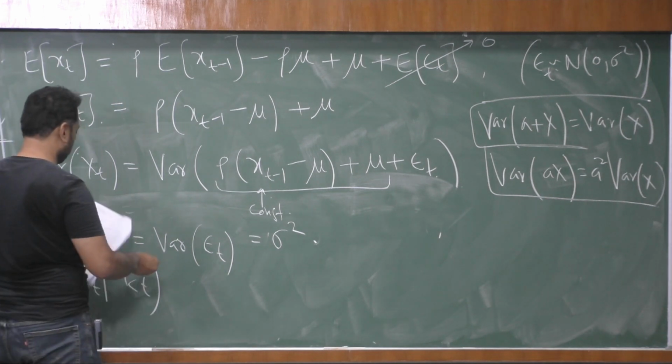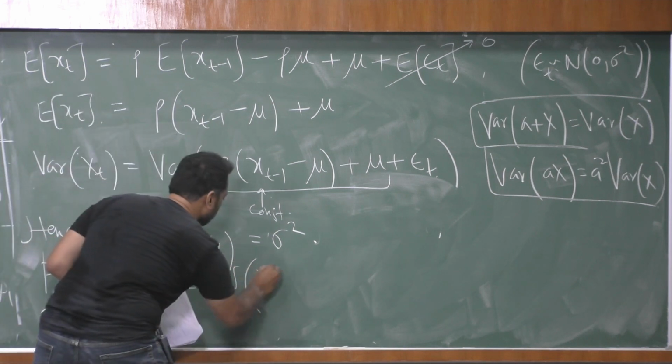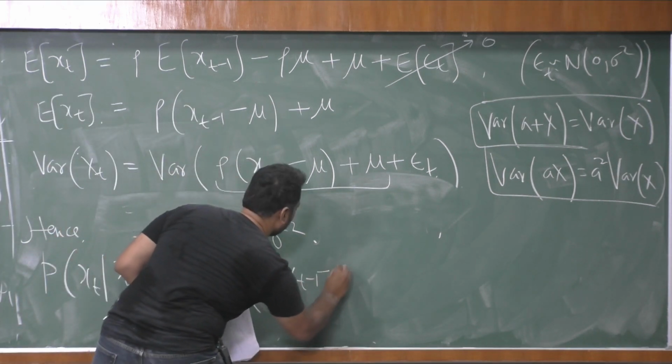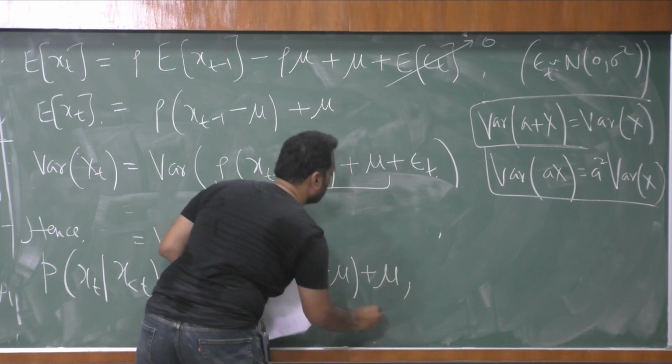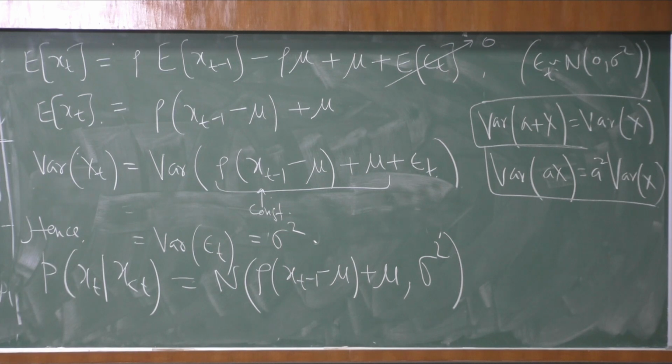So it is a normal distribution with mean rho times (xt minus 1 minus mu) plus mu, and variance sigma squared.